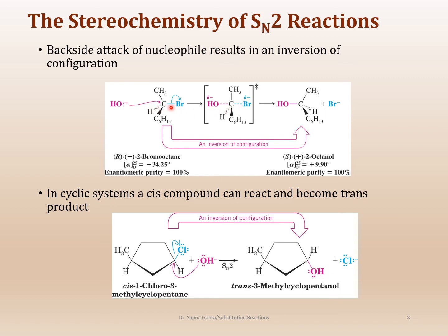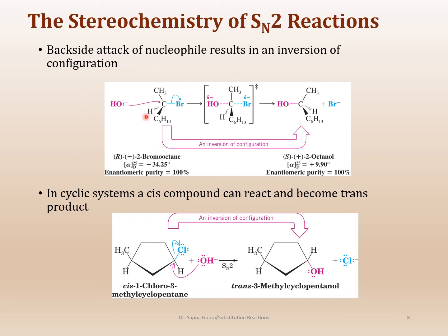If you keep watching this like a movie, you can see the umbrella is flipping. The CH3 has moved a little bit. The C6H13 group here has moved a little bit. All these groups are moving and the umbrella is flipping very slowly to the other side. So bromine has now left in the product and hydroxide has attached over here.